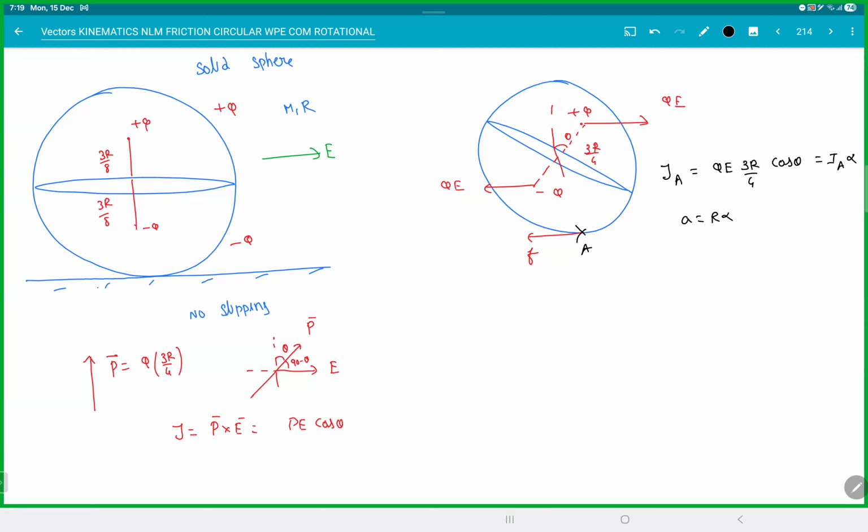You'll get it in one step. So once you get alpha, that will be qE 3r/4 divided by 7/5 mr square, times cos theta. You can write alpha as omega d omega by d theta, and you can integrate. You'll get omega as function of theta. And this thing will do what kind of motion? Oscillatory motion.